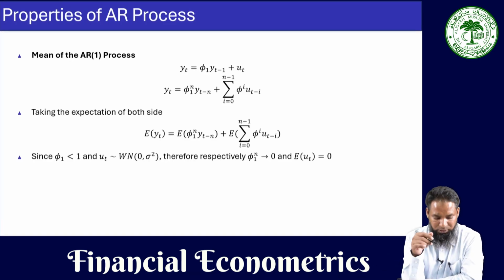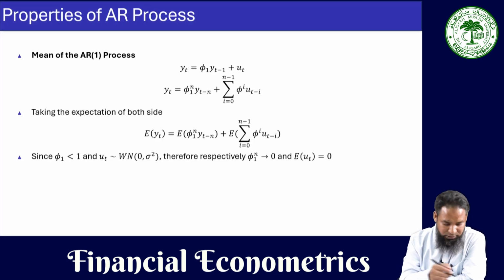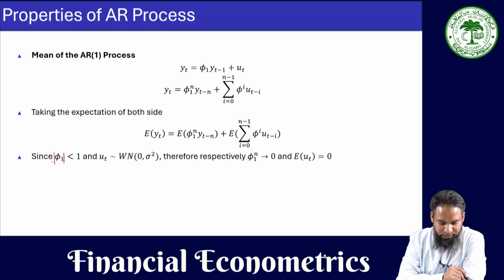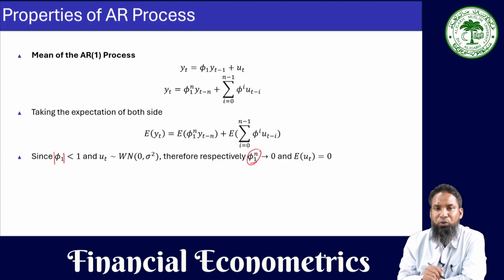Now, since the absolute value of phi 1 is less than 1 and ut is a white noise process, phi 1 to the power n tends to 0 and expectation of ut is 0.